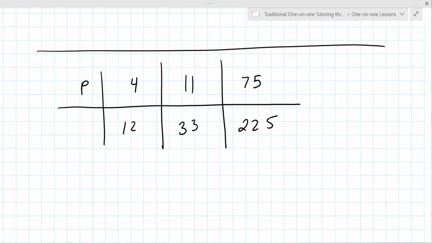The rule meaning like is it division, subtraction, addition? Well, yeah, I mean, these are your possibilities, but again, you're going from the top row to the bottom row. So how do you go from 4 to 12, 11 to 33, 75 to 225? Oh, okay.